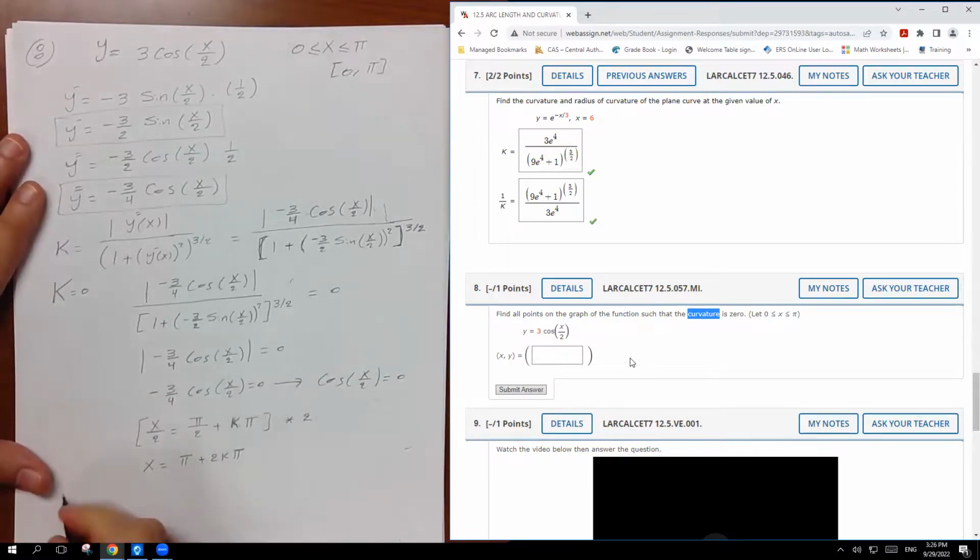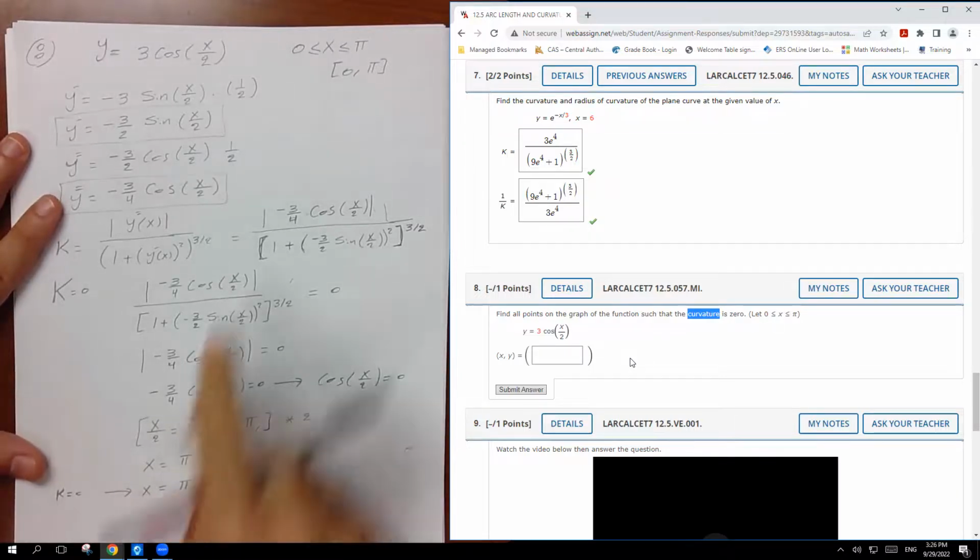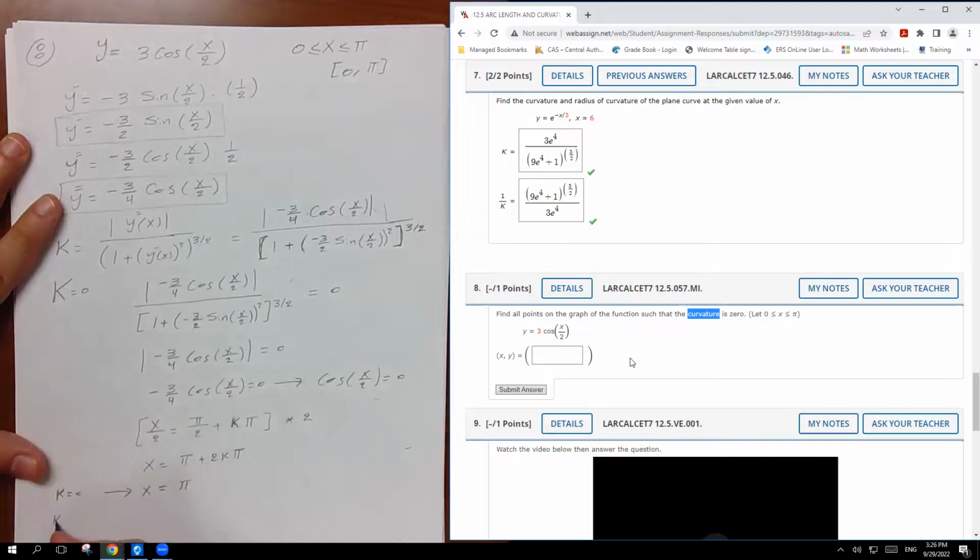Now, if k equals 0, that means x is going to be equal to pi. Pi is included in the interval, so yes. If k equals negative 1, x is going to be pi minus 2 pi, which is negative pi.